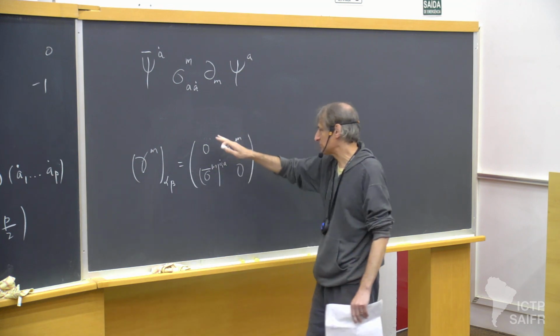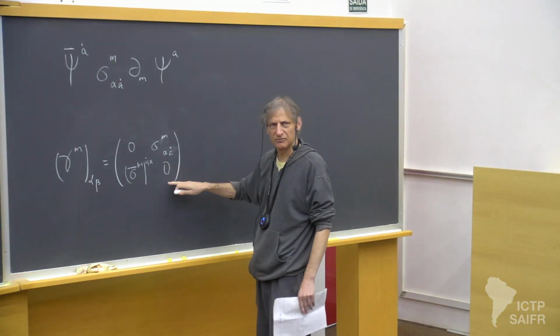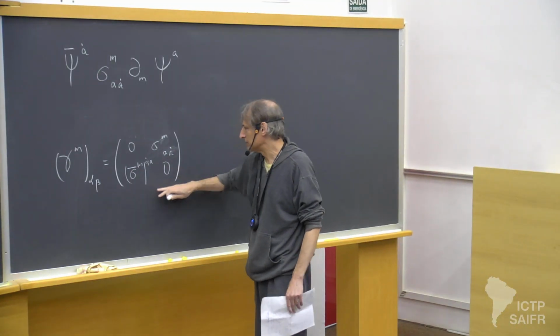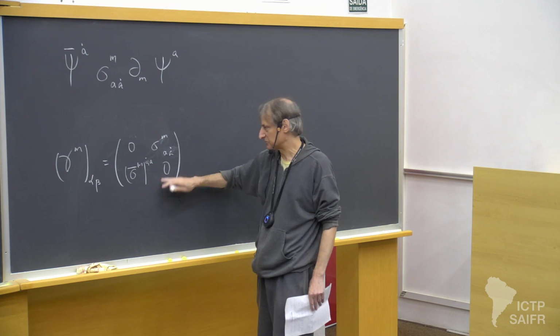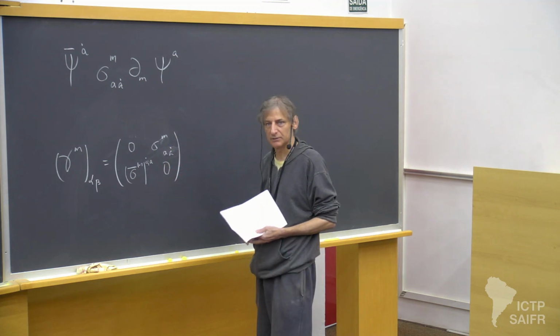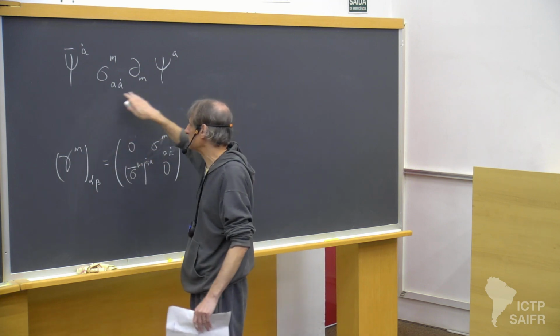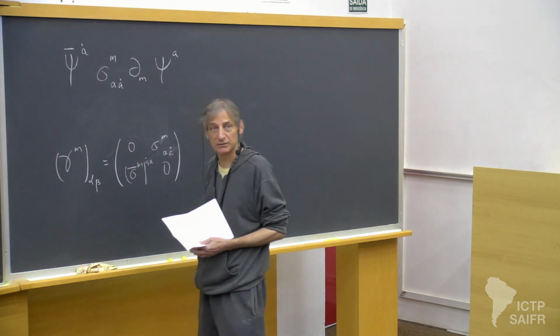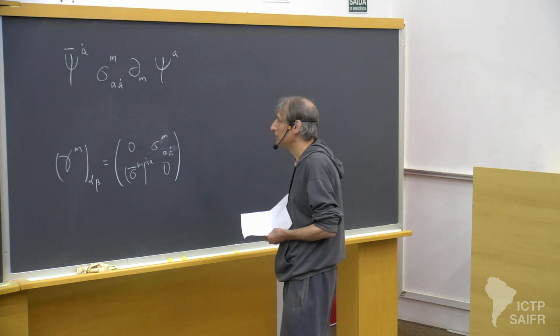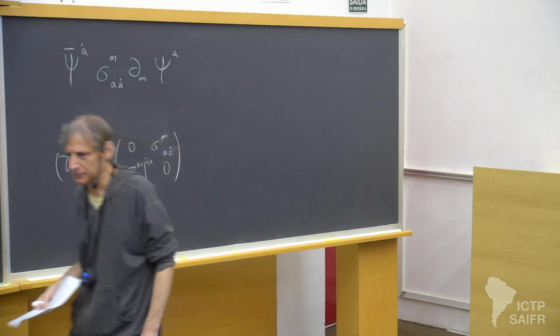So in a certain representation, which I think is called Weyl representation, this is the way the gamma matrix is related to the Pauli matrix. So if you just decompose what he wrote down in terms of what we're writing down, this is the action you get. And I think there's a factor of I, probably.